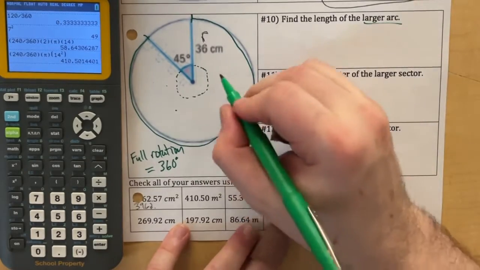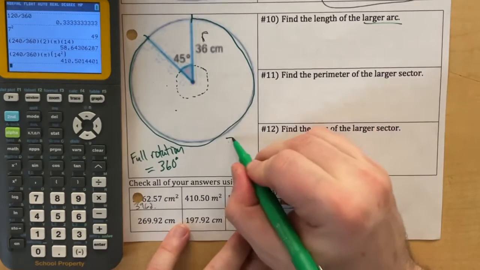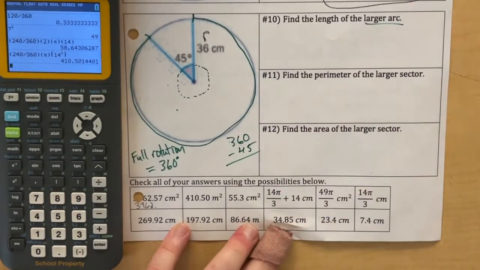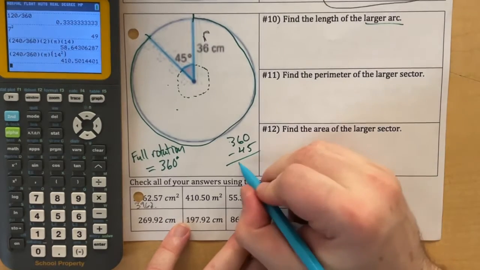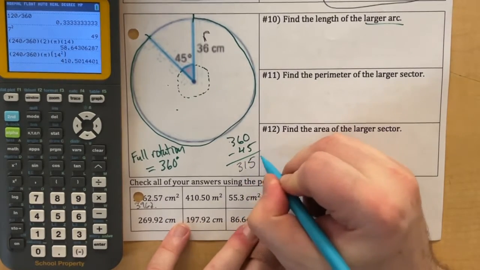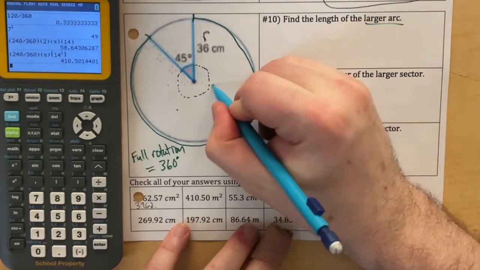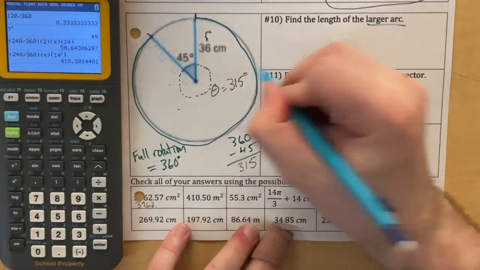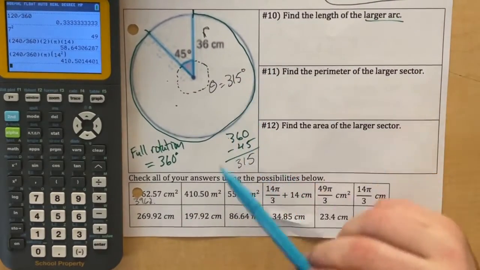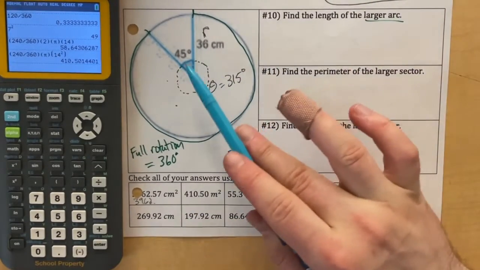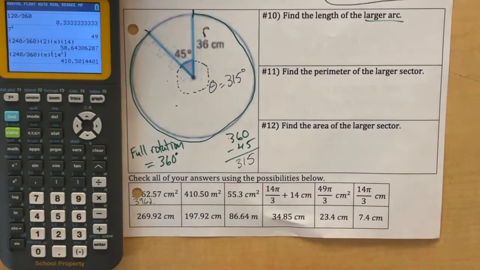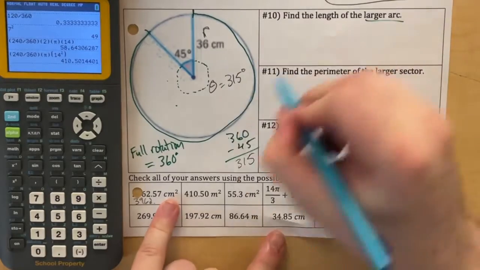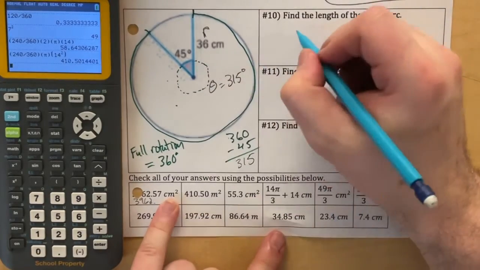I have to take 360 minus 45 to get my larger angle. So this larger angle amount is going to be 315 degrees. So this angle theta on the outside here is going to be 315 degrees. Make sure you're using that very carefully for yourself. So I need to find the arc length of that larger section.